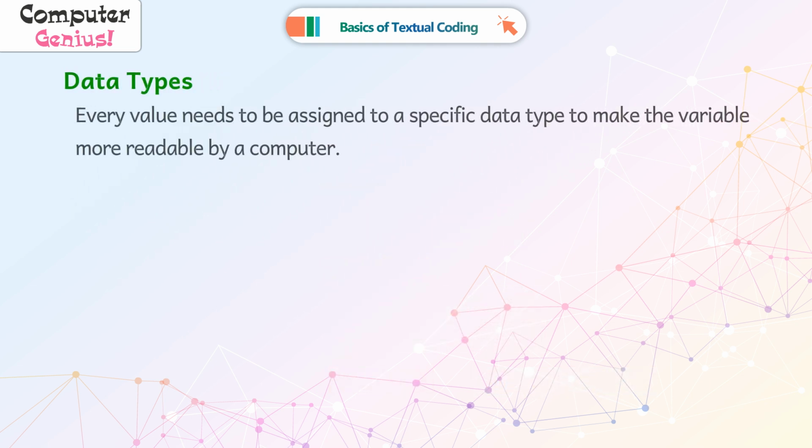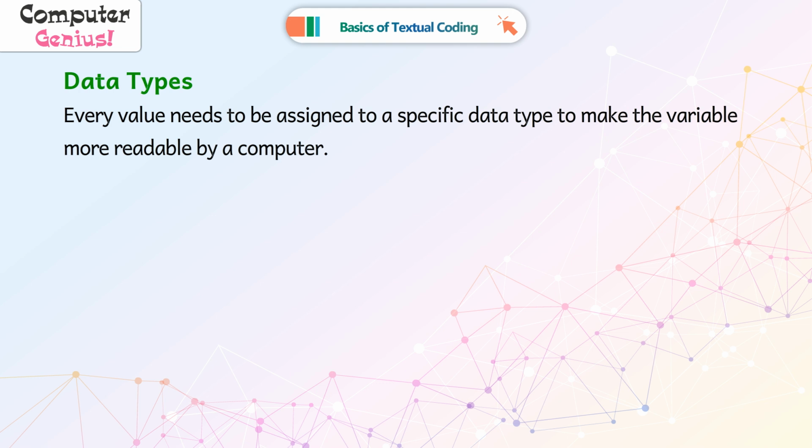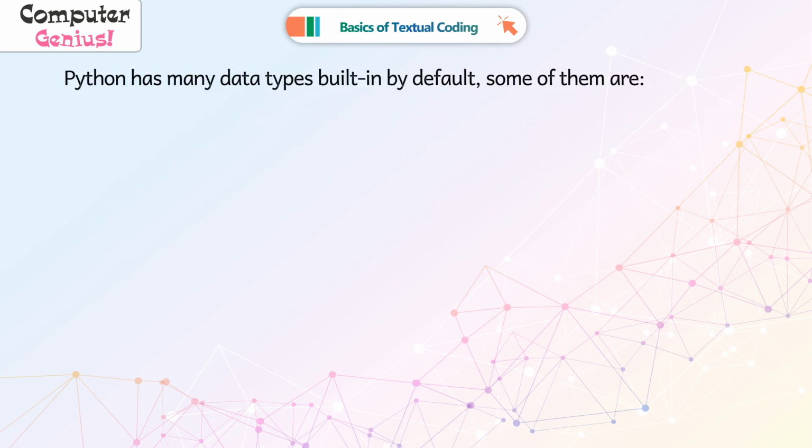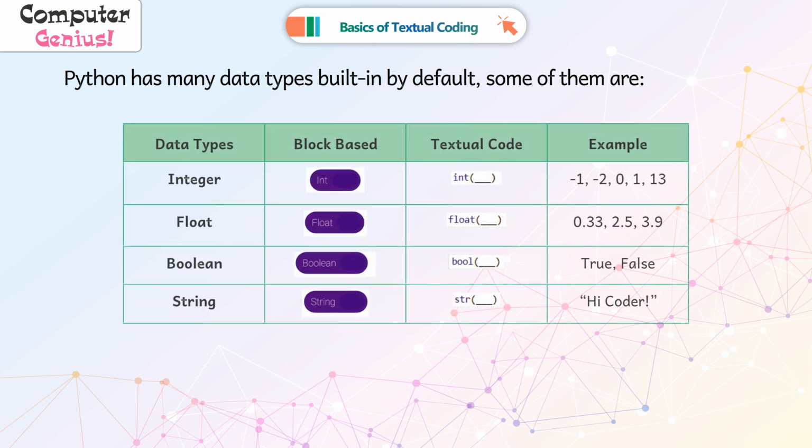Data types. Every value needs to be assigned to a specific data type to make the variable more readable by a computer. Python has many data types built in by default. Some of them are, block-based, textual code.